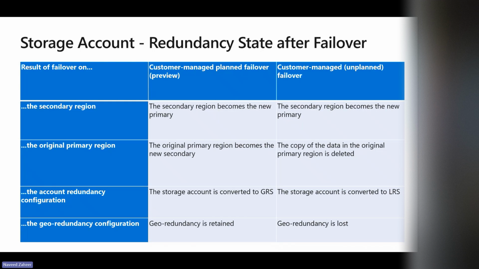Unplanned, GRS is lost and your account becomes LRS. In the case of planned, GRS is kept. You only switch your primary and secondary. Primary becomes secondary, secondary becomes primary, and at the same time your account still stays GRS. Got it? Any questions, folks?